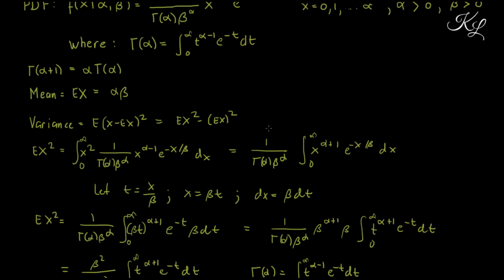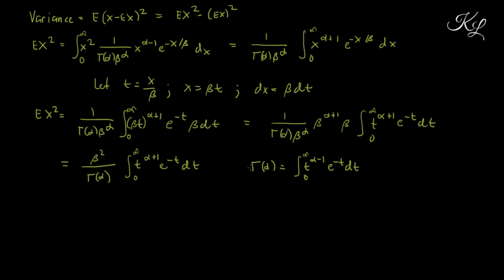Now let us have gamma of alpha plus 2, which is the integral of t raised to, for alpha, we're gonna use alpha plus 2 instead, then e raised to negative t, dt, from 0 to infinity.